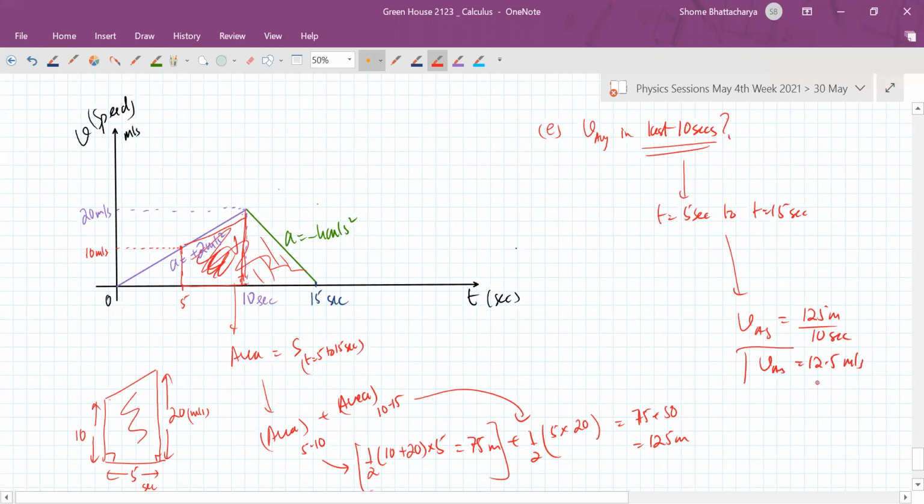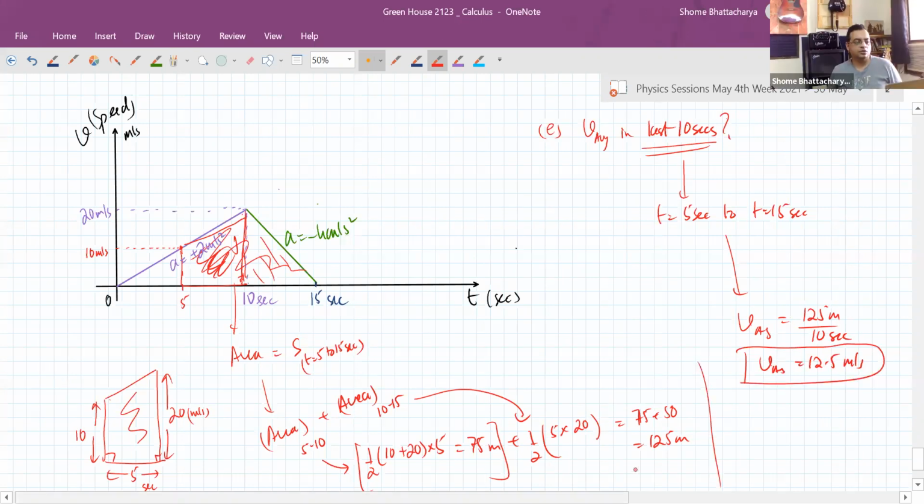Or you always have the formula based method also. If you want to go by the formula based method, your S1 would come from this formula: 20 square minus 10 square upon 2 into 2. You'll see that this comes out to be the area that we got, 75 meters.